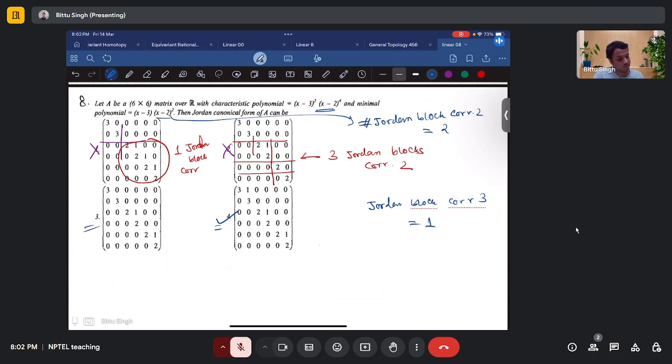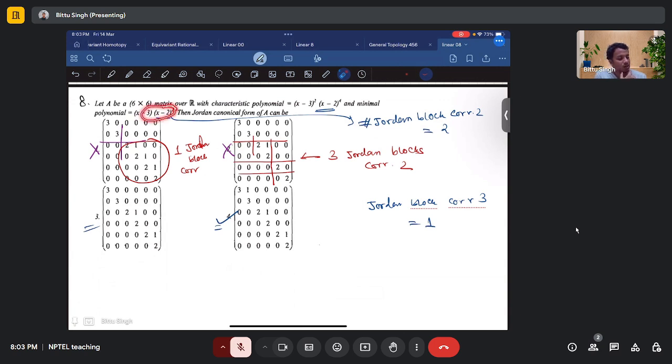Sorry. I have made a big mistake here. From here we cannot decide the number of Jordan blocks from the degree of the minimal polynomial.